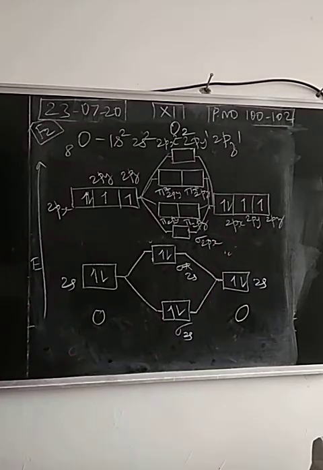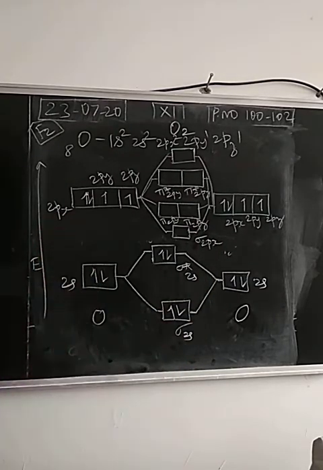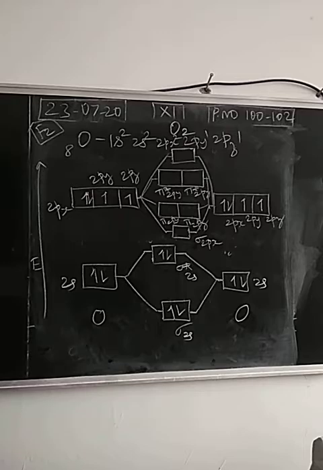So calculate how many electrons are in the molecule. We have omitted 1s. Only the outermost shell is considered. In the outermost shell, how many electrons for each oxygen? 2 plus 4, 6. So valence electrons 6. For the first oxygen 6, the second oxygen also 6 electrons. Totally 12 electrons. We are going to place the 12 electrons.